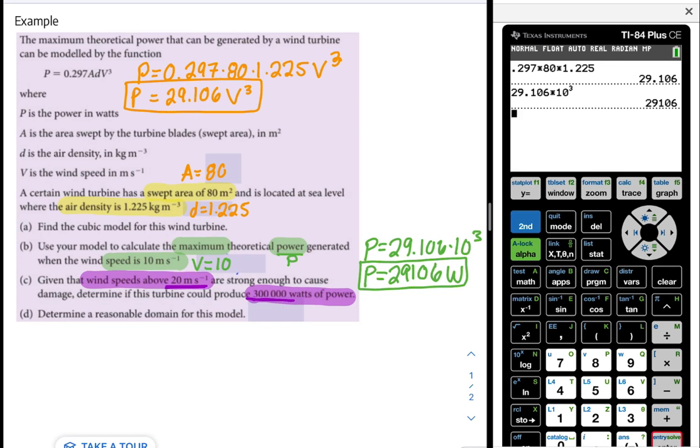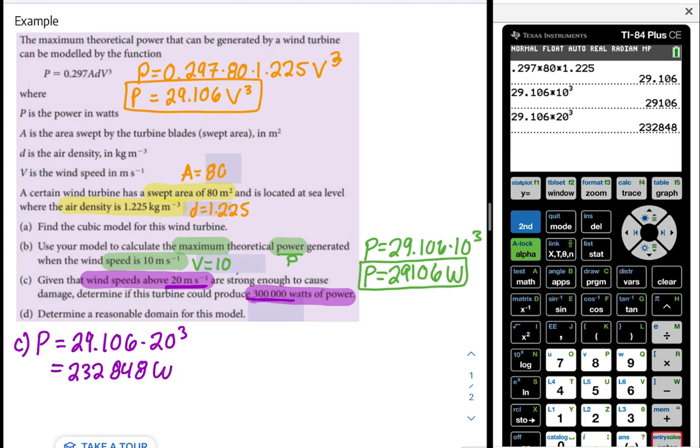So first, let's calculate the power when we have a speed of 20. I'm going to write this down here. We can use our formula to calculate this, 20 cubed. When you put this into your calculator, we should get 232,848 watts.